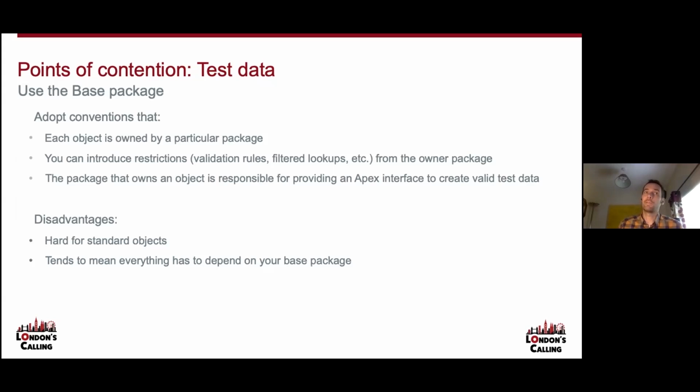That does come with some disadvantages. It doesn't work as cleanly for standard objects, because the standard objects already exist in every single scratch org that you create. And it also tends to mean that everything has to depend on your base package, because your base package is going to end up owning most of your objects.